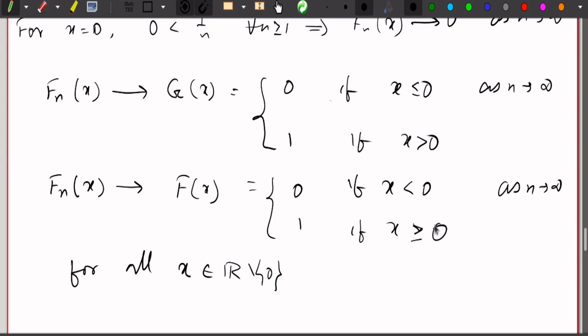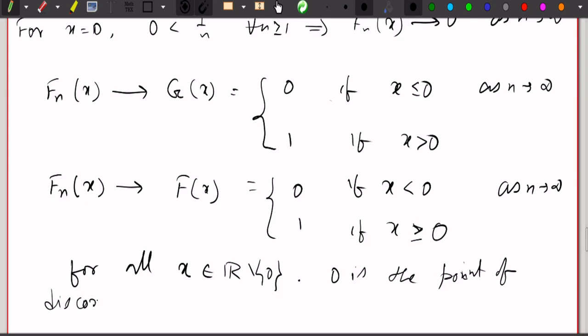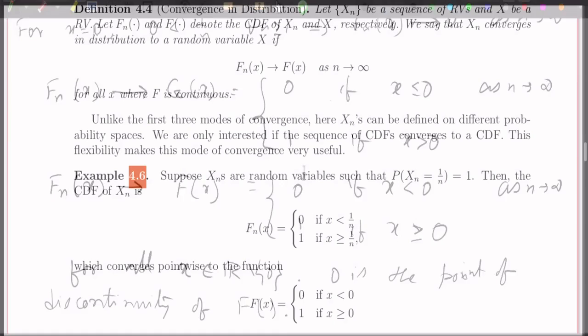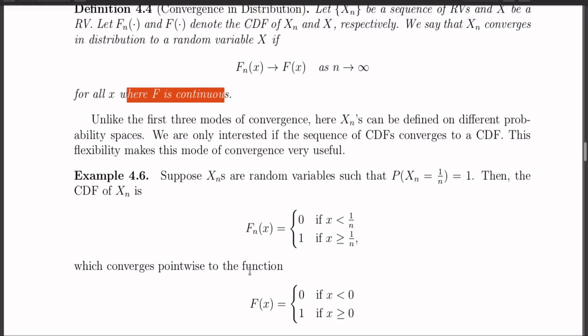But if I remove the point 0, then Fn(x) converges to F(x), and note that 0 is the point of discontinuity of F. So if I remove this condition from the definition, then this function does not converge to this, because at the point 0 this sequence does not converge pointwise.